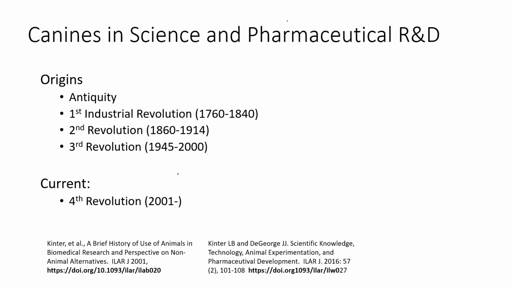The first industrial revolution, roughly dating 1760 to 1840, is that period in Europe where there is a tremendous migrational shift from the farms into the growing cities.